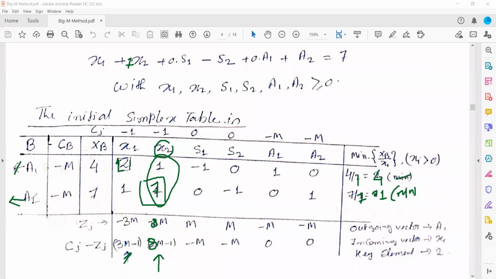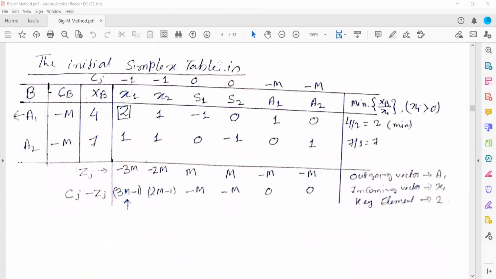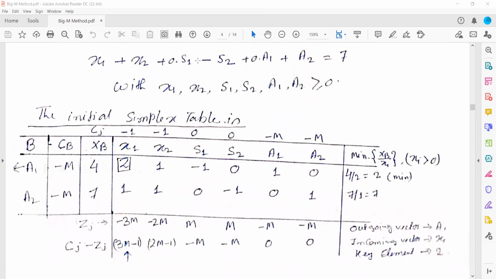In the next simplex table, X2 will come in place of A2, and then we convert this 7, the key element, to 1 by dividing the whole row by the key element. I have written that here, and I will give you the correct one.